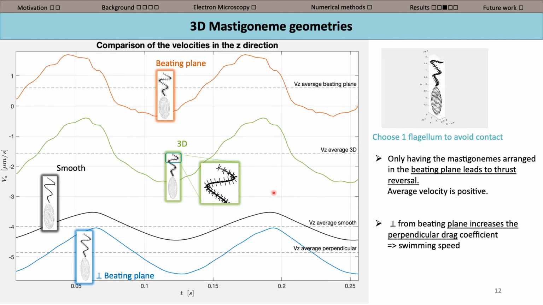And as expected, the 3D geometry leads to an average velocity which is in between, so between the smooth one and the one having the Mastigonemes resolved within the beating plane. This is because the forces will compensate between the two planes.